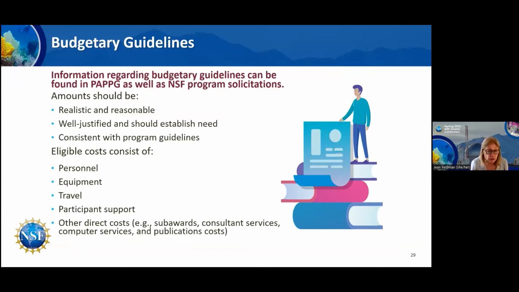Obviously, there are other direct costs, again, subawards, consultant services, computer services, publication costs, where we go into the PAPPG in great detail. In fact, every one of the budget categories identified on the budget has its own specific section in the PAPPG that provides very clear guidance on what the category is and guidance on how to complete that section of the budget.